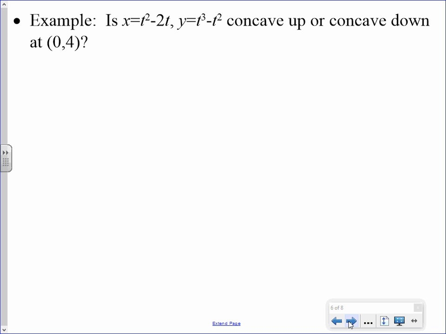All right. So I want to know if this function is concave up or concave down at (0, 4), which means we need to find the second derivative, right? So let's first find the first derivative.